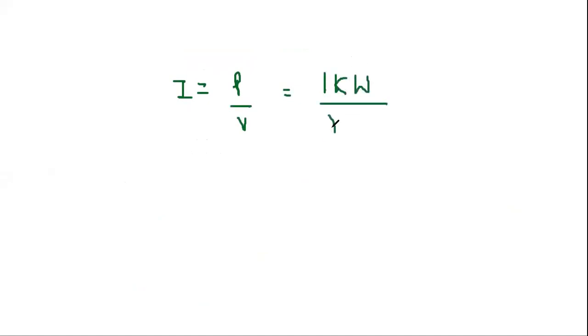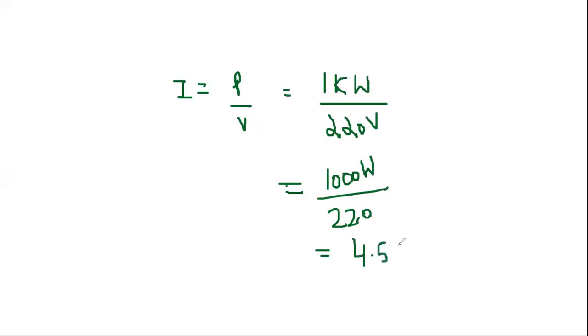Here the potential given is 220 volts. Then how to find it, dear students? 1 kilowatt is what? 1000 watts upon 220 volts. So after solving it, we will get our answer, that is 4.5 ampere. It means the current that passes from there will be 4.5 amperes.